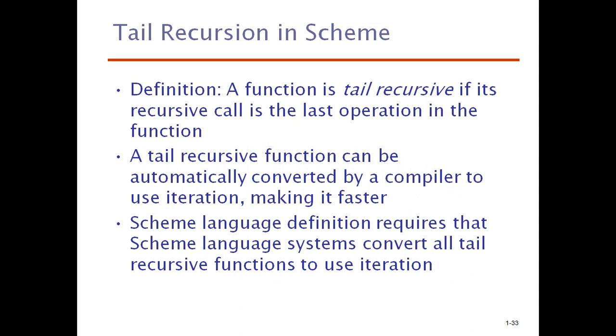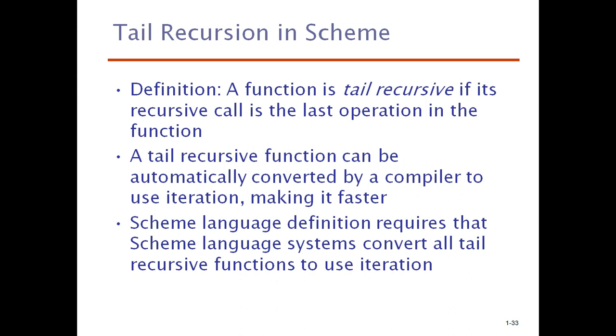Scheme language definition requires that the Scheme language system convert all tail recursive functions to use iteration. So basically Scheme uses tail recursion, and all the tail recursion related functions will be converted into iterations.